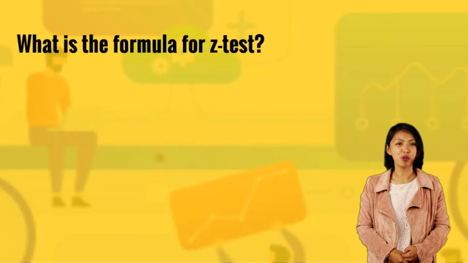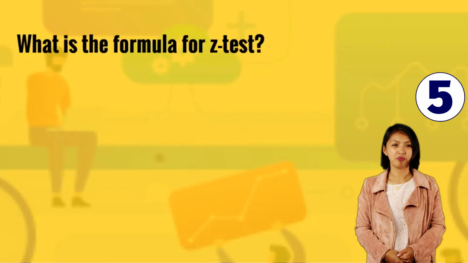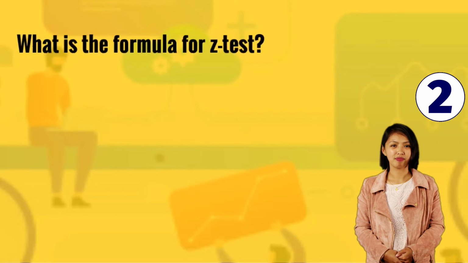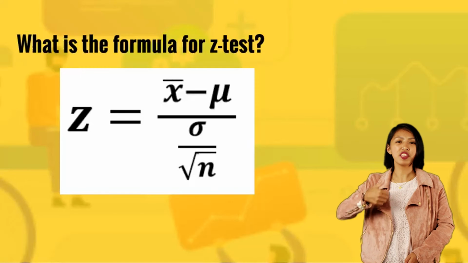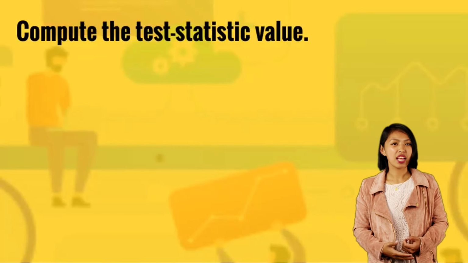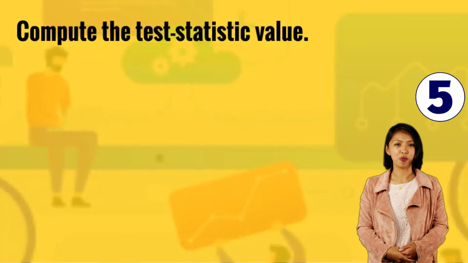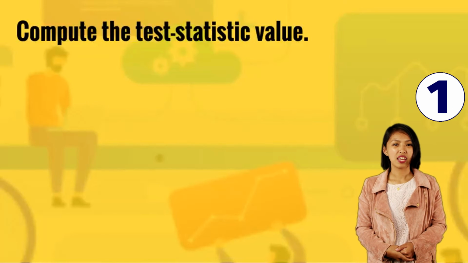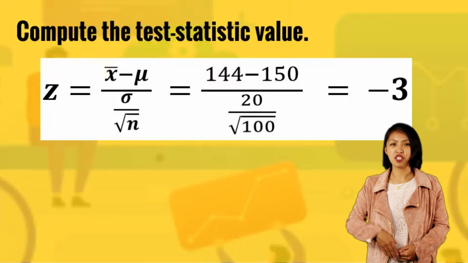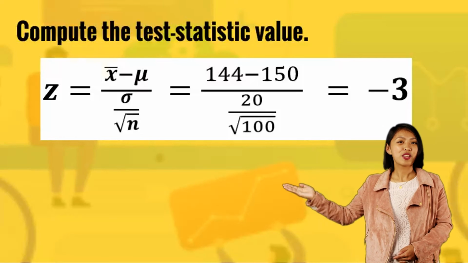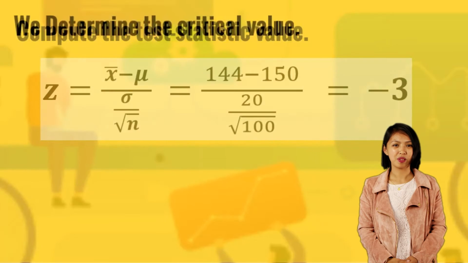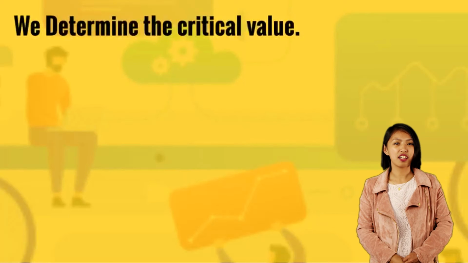What is the formula for z-test? If your answer is correct, you're doing a fantastic job. Compute the test statistic value. If you have this solution, then you are correct. We determine the critical value.